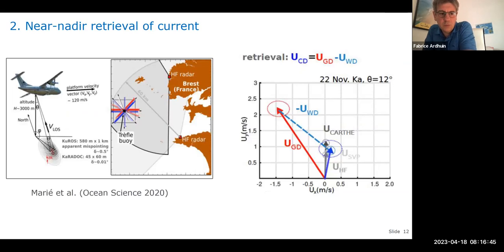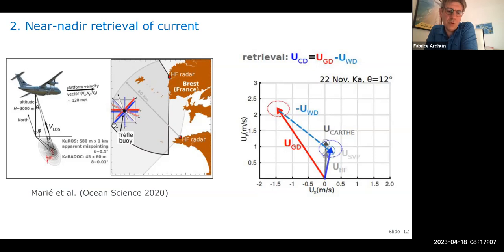We actually demonstrated that with some airborne data. We had this experiment offshore Brest, with an airplane flying a side-looking radar measuring at 12 degrees incidence angle, and we flew in a star pattern. We flew one way and then the other way, looking at the ocean surface. You can see one line is in red and the other in blue.